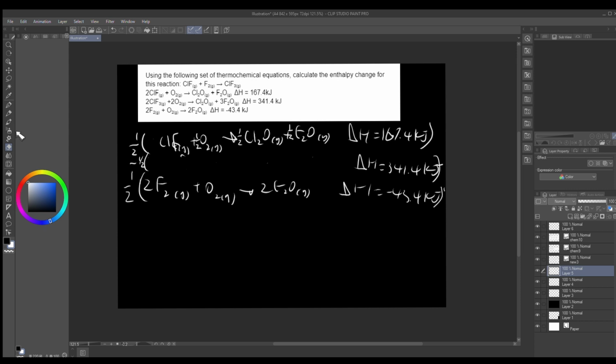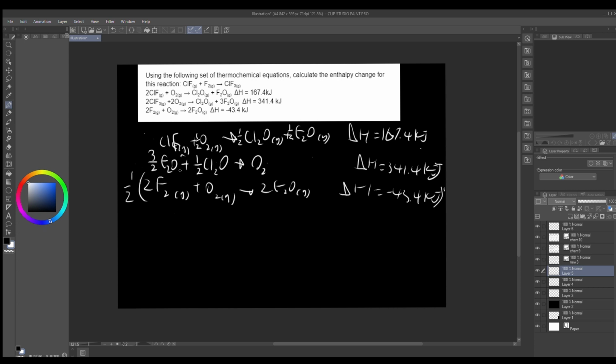So for the second one, it's going to become 3 over 2 F2O plus 1 over 2 Cl2O becomes O2.